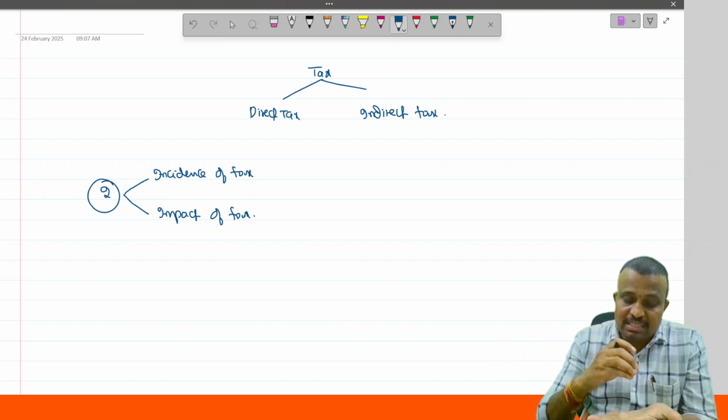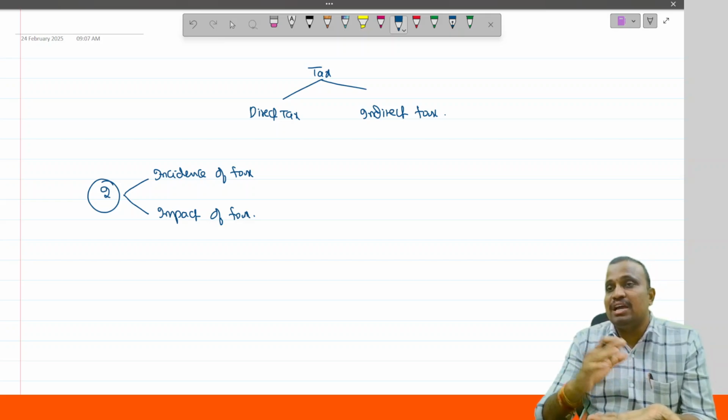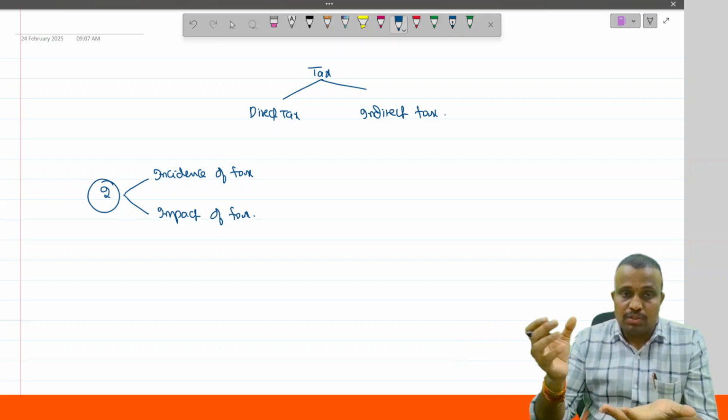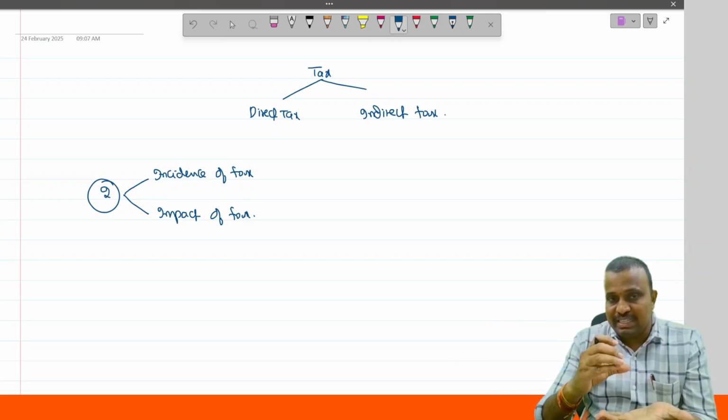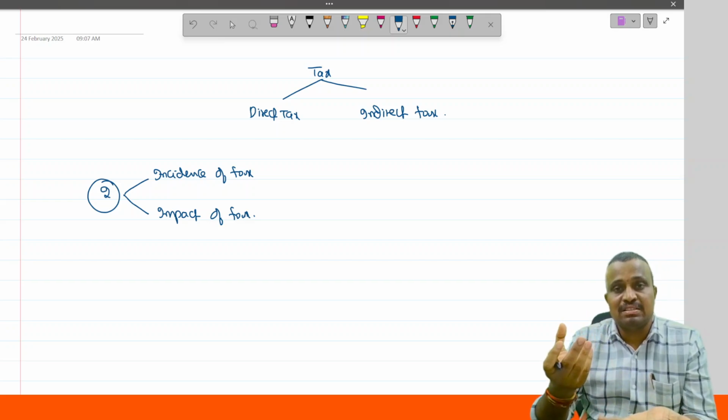Here the incidence of the tax is first on the manufacturer, and later it shifts from one person to another until the product reaches the ultimate consumer. So impact of the tax may or may not be on the same person who is paying the tax.